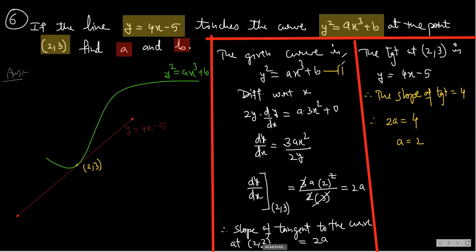Write this equation as equation number 1. See, I write using a in 1. So we will get the equation of curve as y square equals 2x cube plus b. Remember, students, to get the value of b, I will write: point 2 comma 3 lies on the curve.